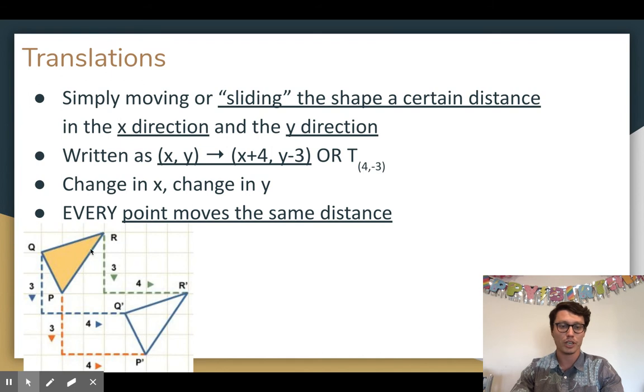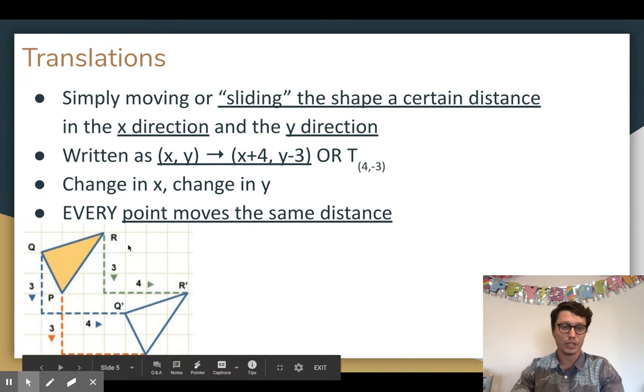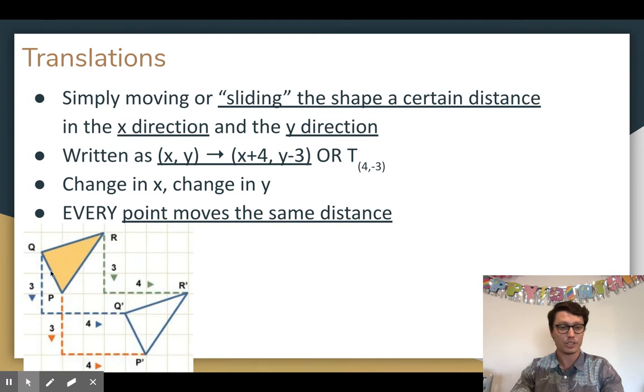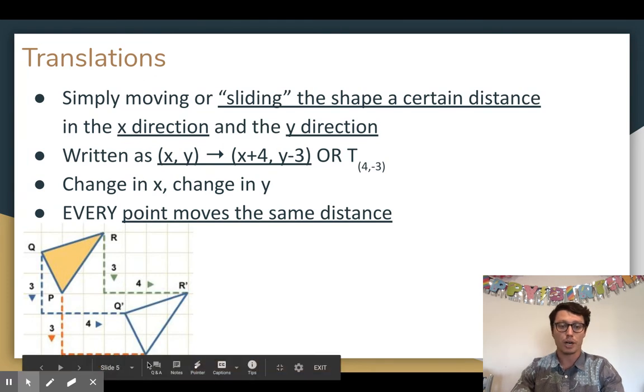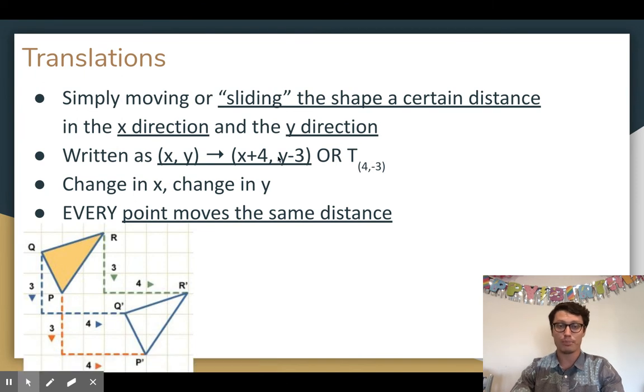So if we take a look, right, we notice that Q, R, P here, this yellow shape does not have prime symbols, so it is the pre-image, but Q prime, R prime, P prime, they have the prime symbols, so it's the image or after, all right? So we're going to move plus 4 in the x direction, which means to the right, because if you think on a graph, positive in the x direction goes to the right, negative in the x direction goes to the left. For y direction, positives go up, negatives go down.